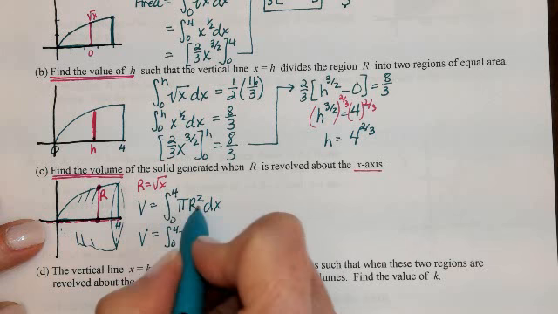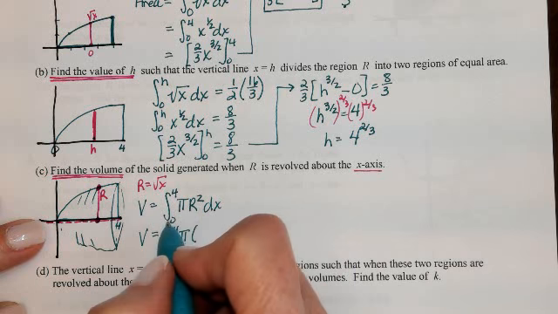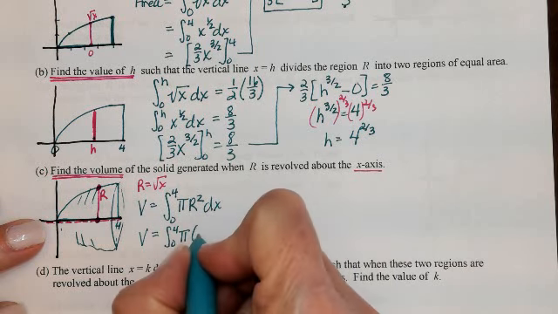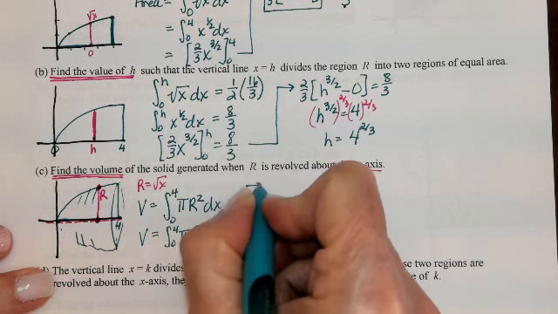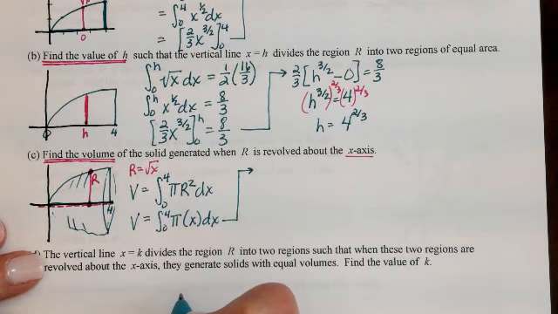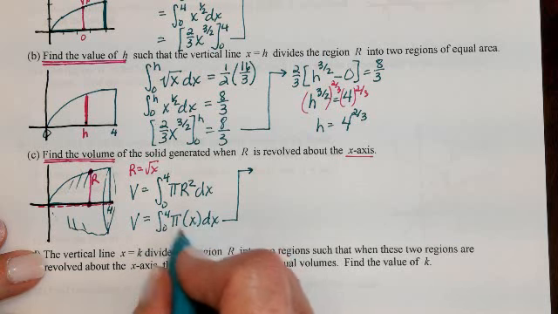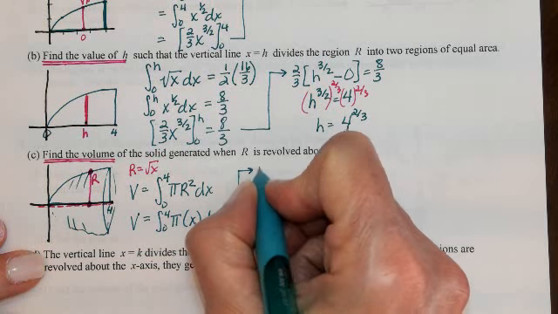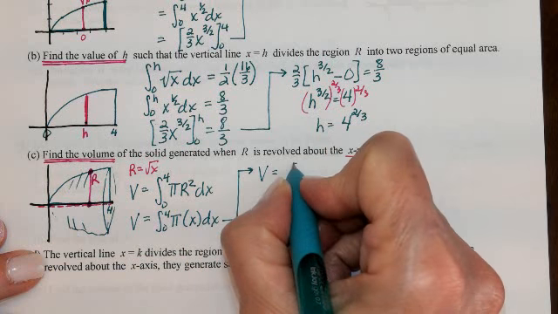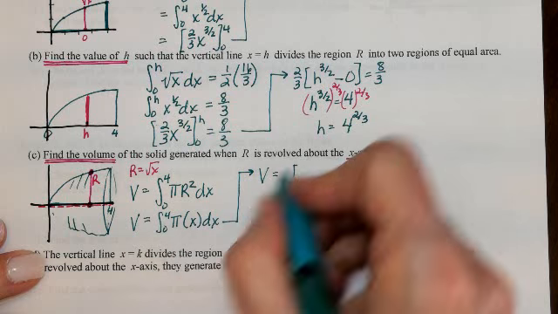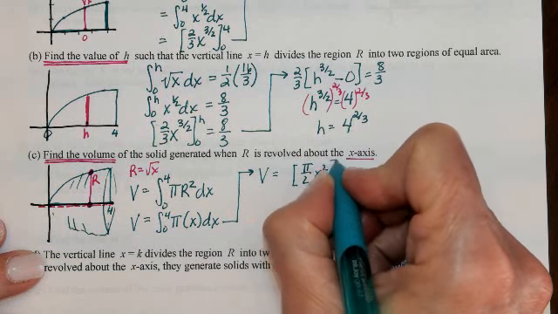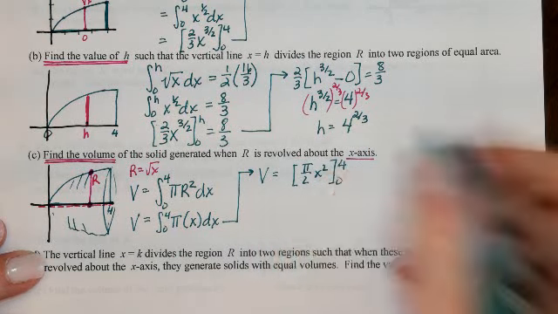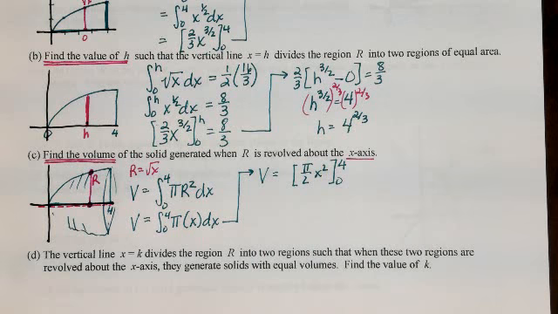Pi times, I need R squared. Well, the square root of x squared will be x. And now I can actually find this antiderivative. So the antiderivative here will be pi over 2 x squared, and we are taking that from 0 to 4. Okay?